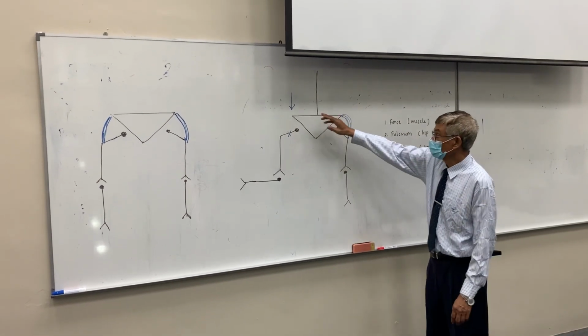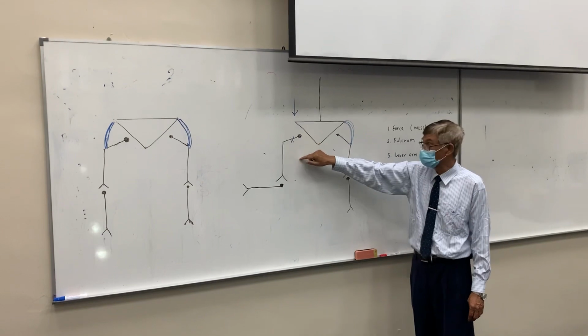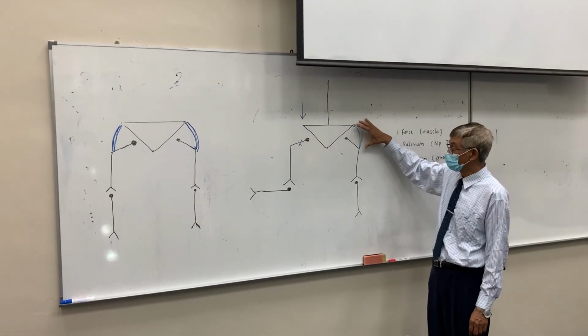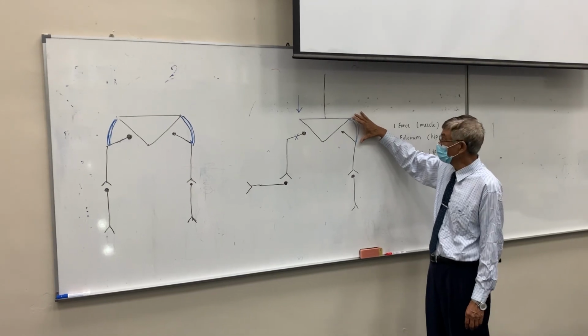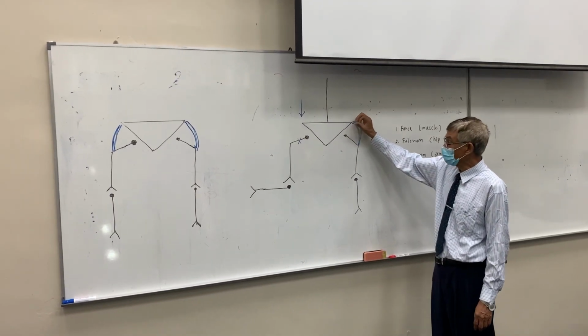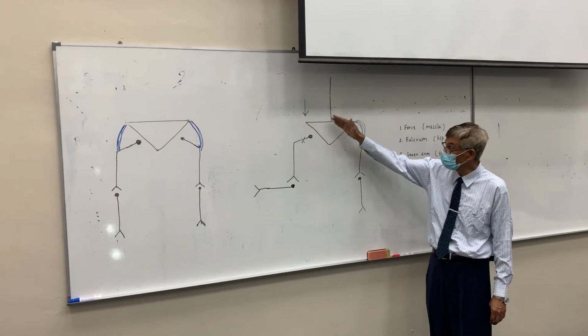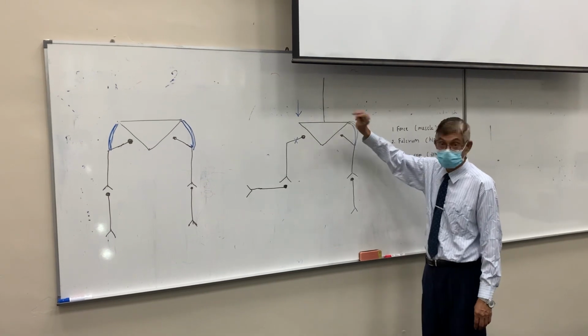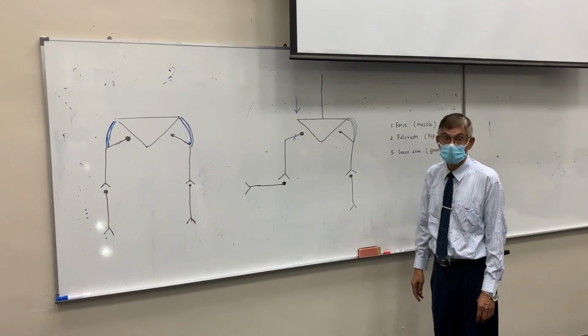But this descent of the pelvis is controlled by the abductor mechanism from the left side. So this abductor mechanism contracts, and the pelvis cannot go down. So the lumbar spine is straight.